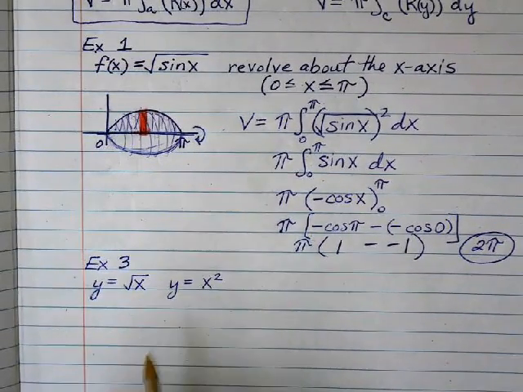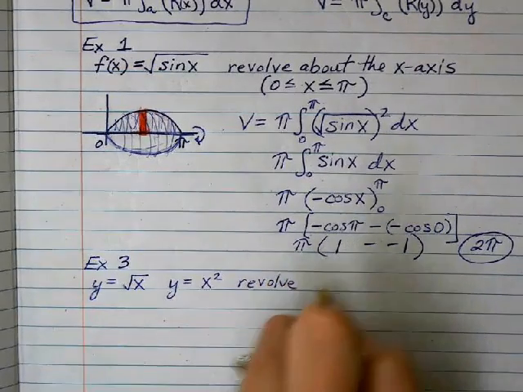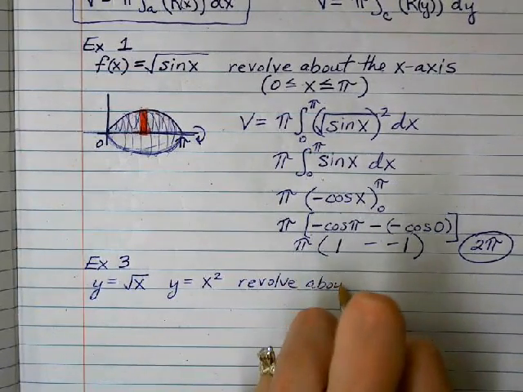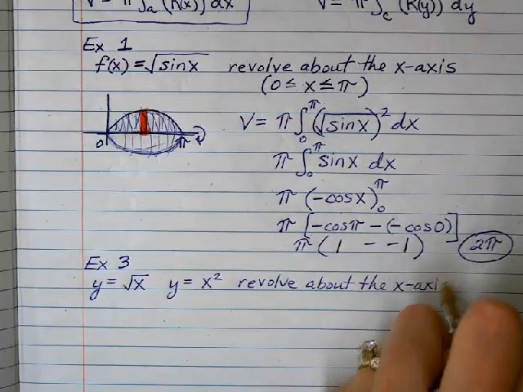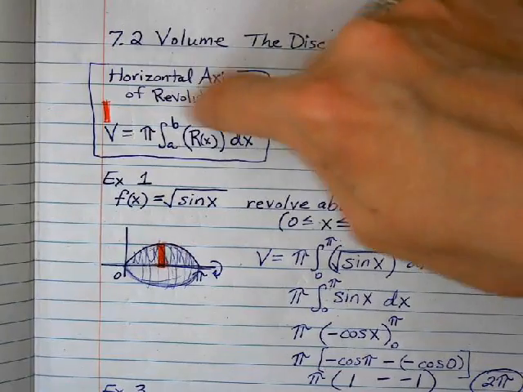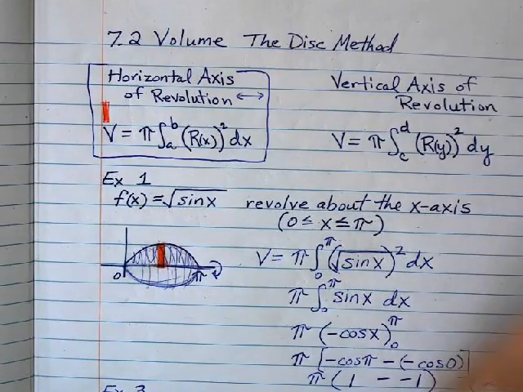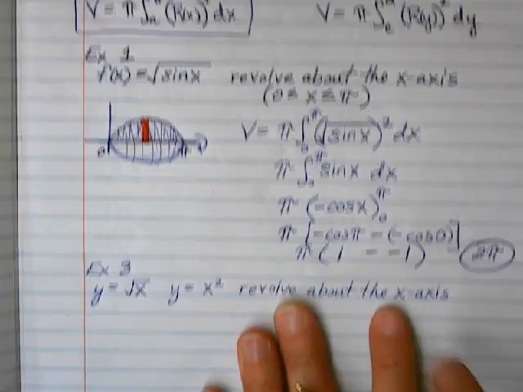So again, it tells you to revolve about the x-axis. So I'm going to still use this way. If it said y-axis, then I'd have to do the other way.